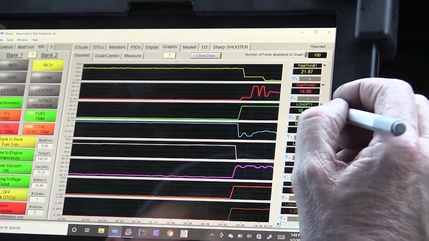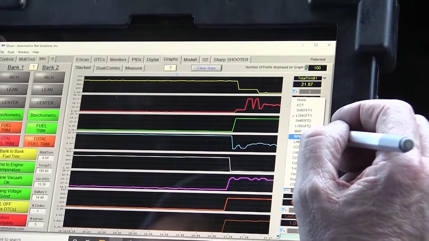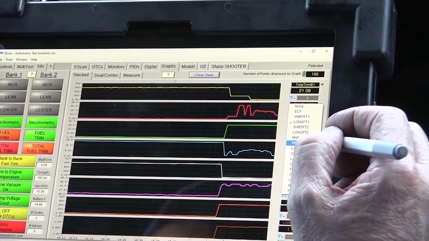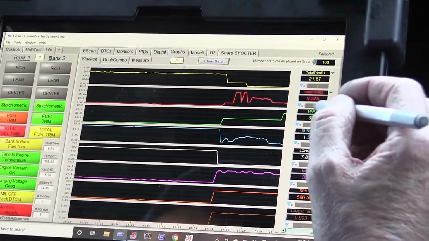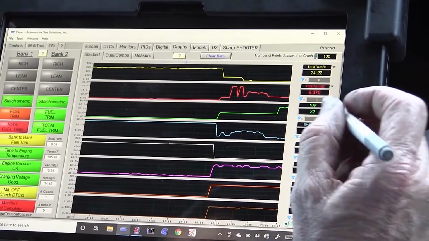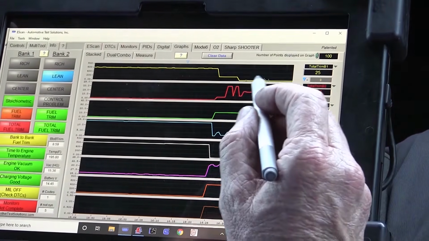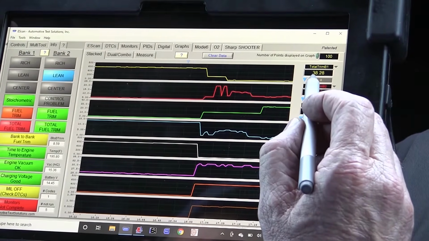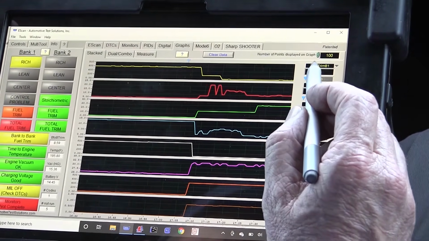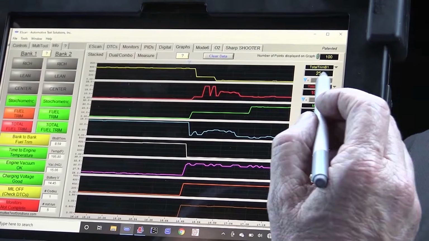And so this gives me an idea, and then we want to look at, say, the MAP. That'll give me an idea of my vacuum rating. So right now, what I'm really interested in are these charts right here. I want to see what my total, look at that. I'm at 38% total trim on bank 1.